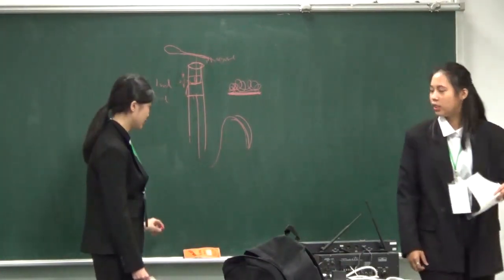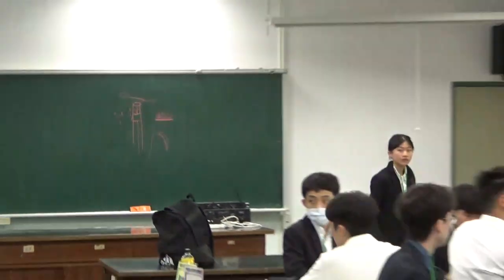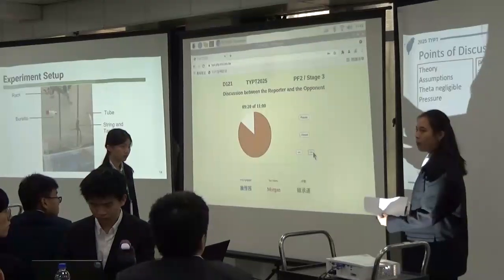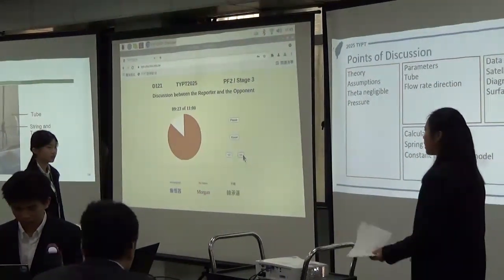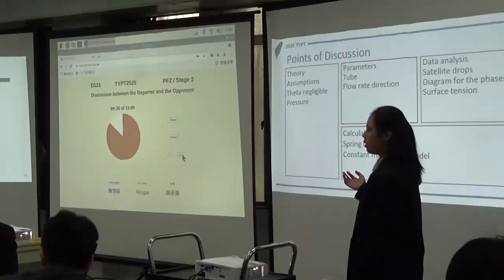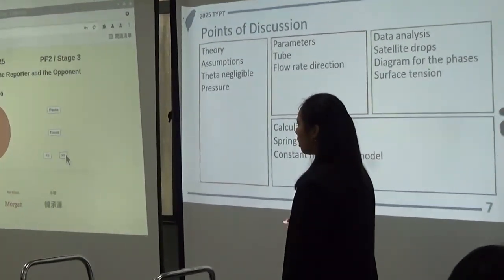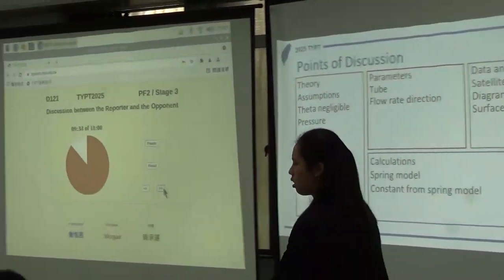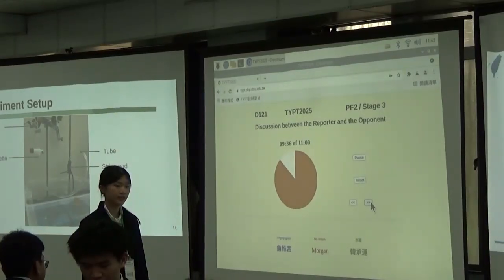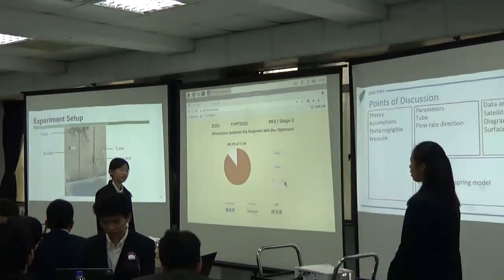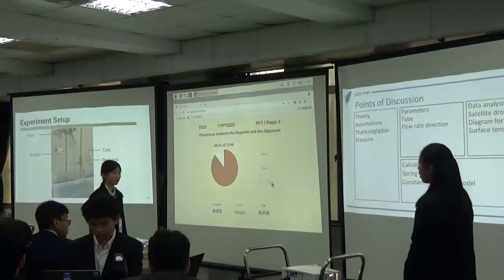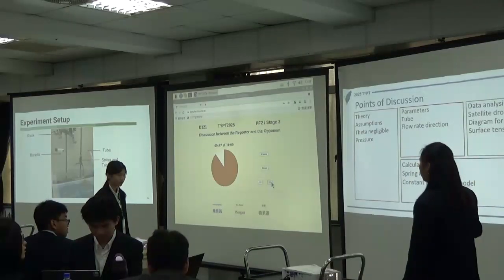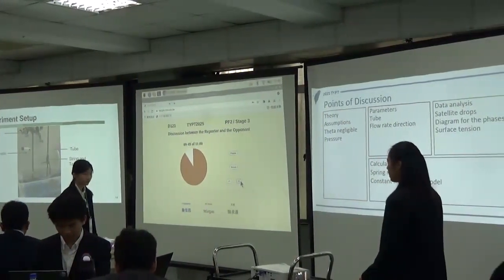Okay, could we go back to the... So you also said you used a mass spring model to model your experiment, right? To model the oscillation. For the spring model, you did not account for the spring constant. How did you compensate for that? The reason that I did not determine the spring constant is because the spring constant is dependent on the shape of the water and the mass of water, which is very complicated. So you did not mention the spring constant using a spring model? Is that what you identified?